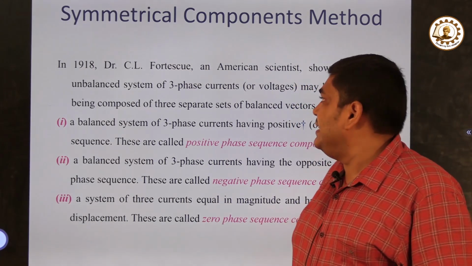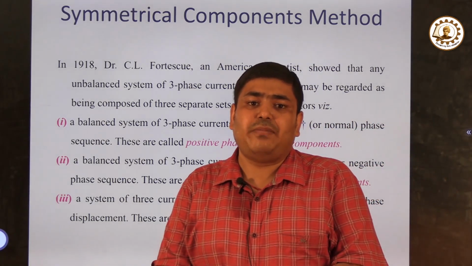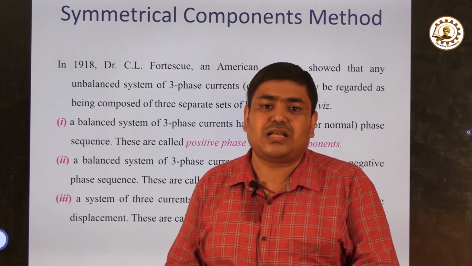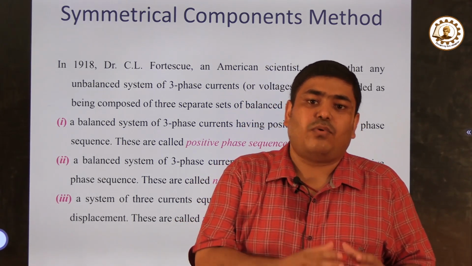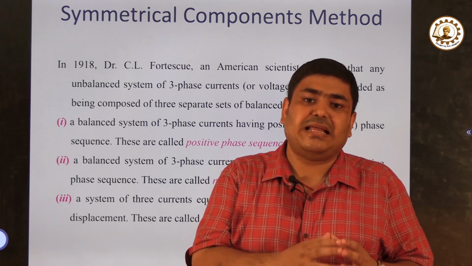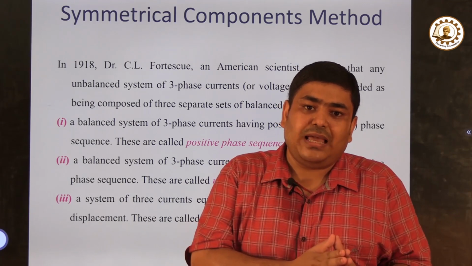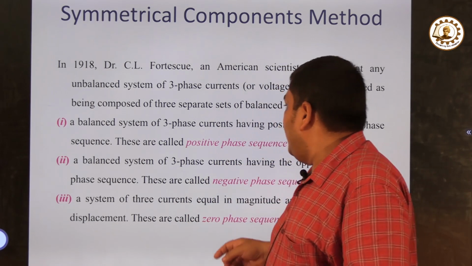In 1918, C.L. Fortescue produced this theorem. In this theorem, an unsymmetrical fault is divided into three portions. One is the positive sequence component of the current, which is the current of equal magnitude with phase counted in clockwise direction.